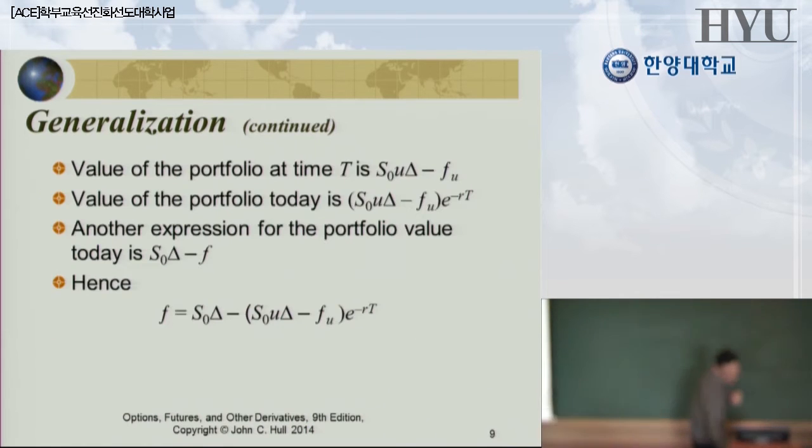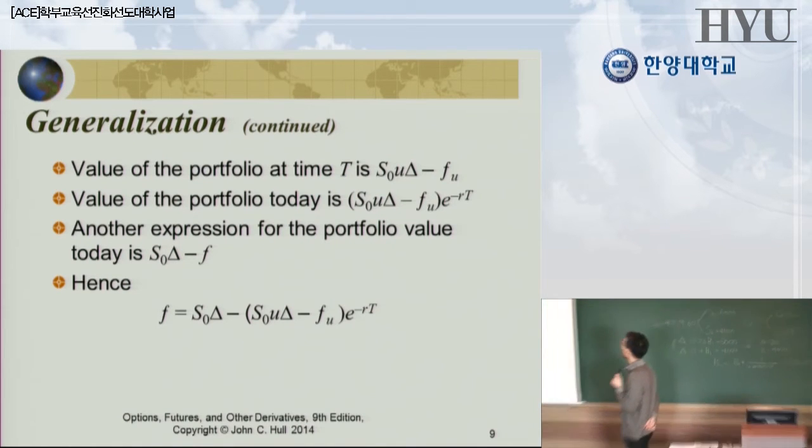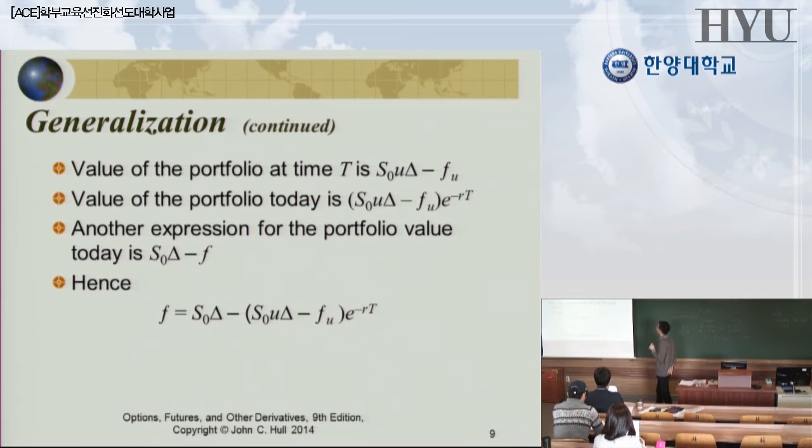So since we have delta, the portfolio at time t is S0U delta minus FU, which is the same as S0D delta minus FD, right? And then because we have exactly the same money, whatever happens t time later, we can simply discount it back, so we can get the present value, which is S0U delta minus FU times e^(-rT).